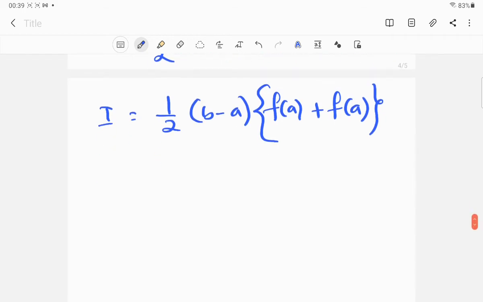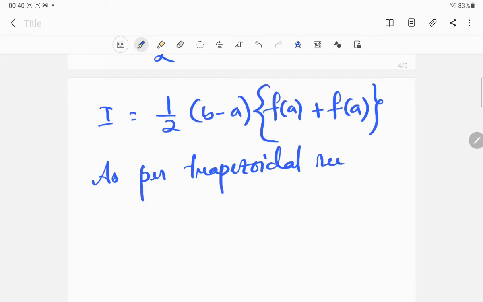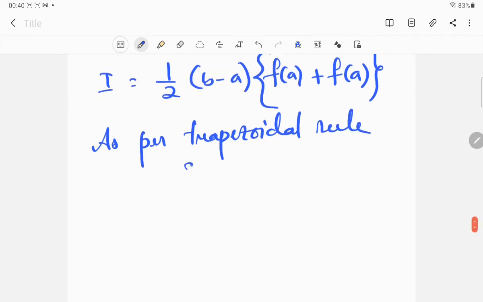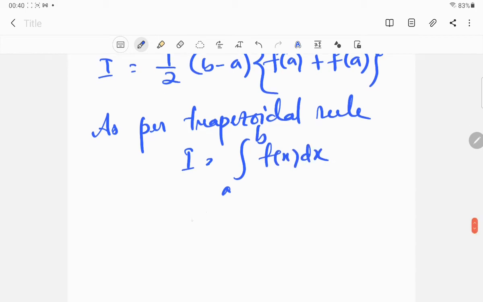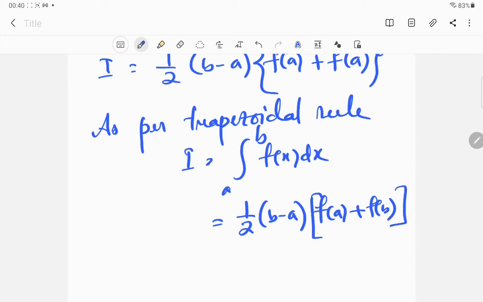So therefore, as per trapezoidal rule, integration a to b f(x) dx can be written as half into (b minus a) (f(a) plus f(b)). Why is it called a trapezoidal rule?